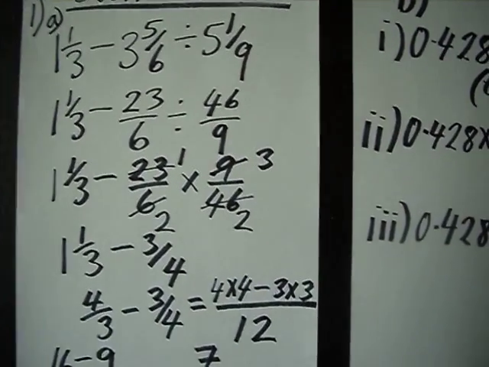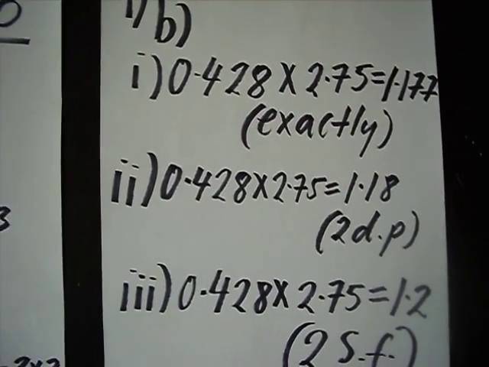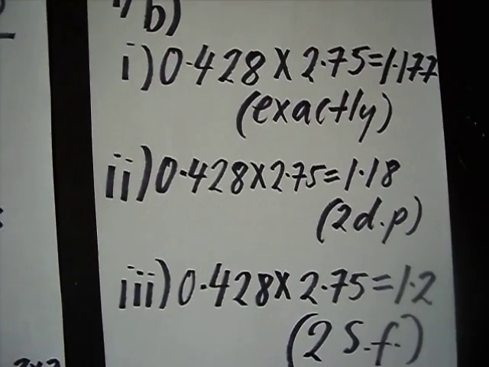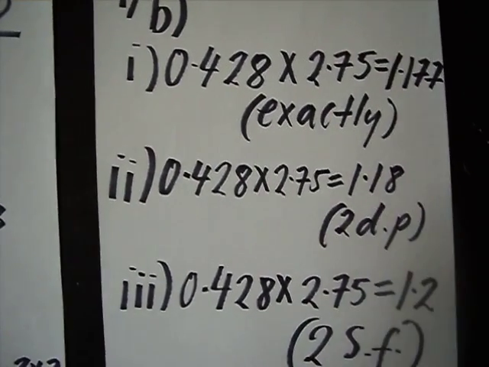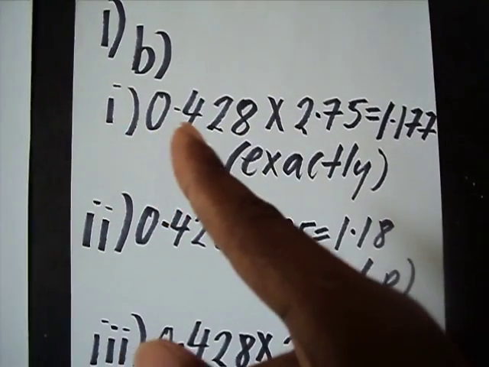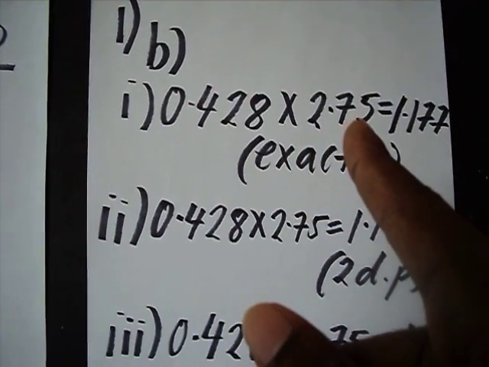Let's look at number 1b. In looking at number 1b, we're supposed to find the exact value of 0.428 multiplied by 2.75.